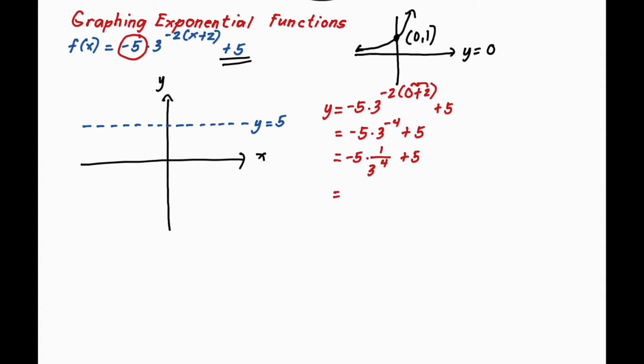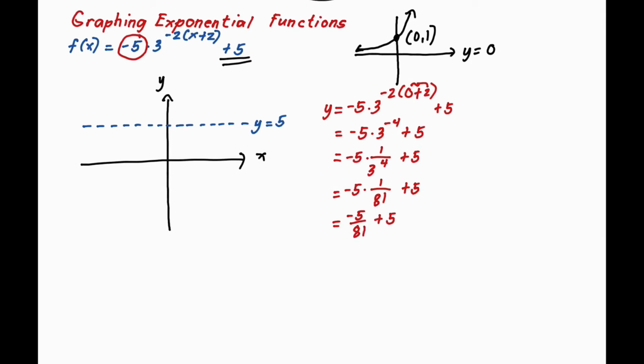So negative 5 times 1 over 81, since 3 times 3 is 9, times 9 is 81, plus 5. Multiplying negative 5 times 1 over 81, we have negative 5 over 81 plus 5.